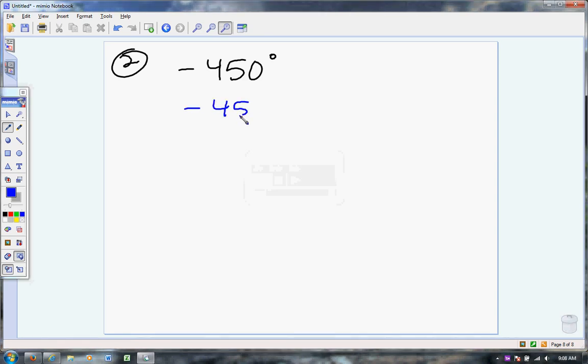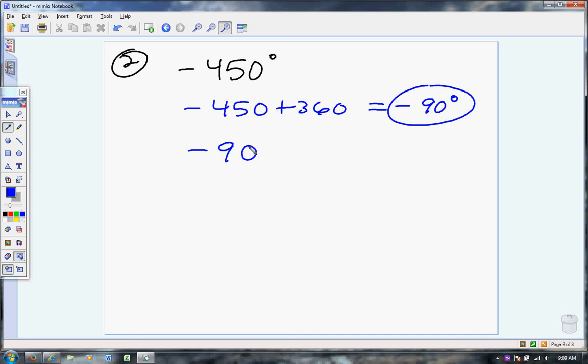If I add 360 to this, don't I get negative 90? So there's a negative angle that's coterminal with this one. If I want a positive one, don't I have to add 360 to that? If I want another answer that's positive, then I have to take negative 90 and add 360 to that, and that would give me positive 270.